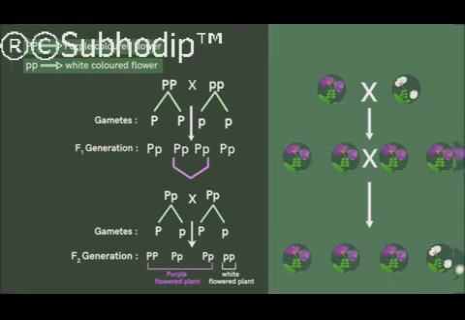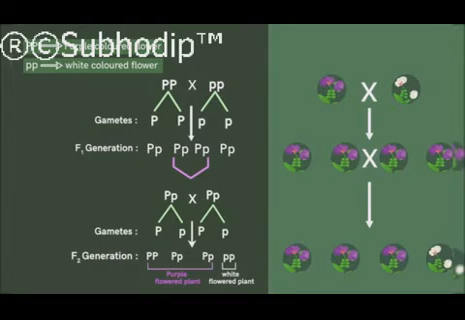This was the simplest way to explain Mendel's results. Dominant genes are those which are expressed in both homozygous and heterozygous forms. On the other hand, recessive genes are those which can be expressed only when present in homozygous form. Hold on.